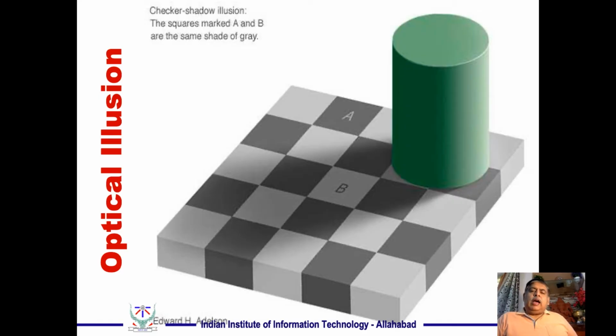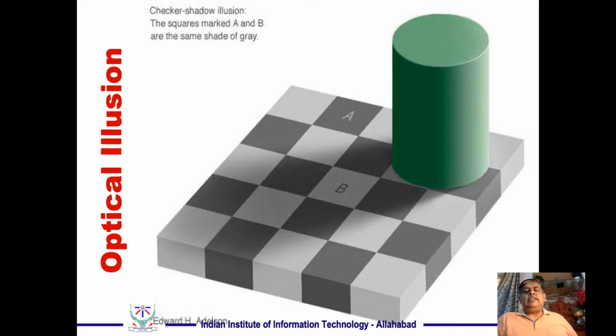Now, are the white squares and the black squares of the same intensity or the same color? They don't look like it. That is because they are contrasted with white and black squares.